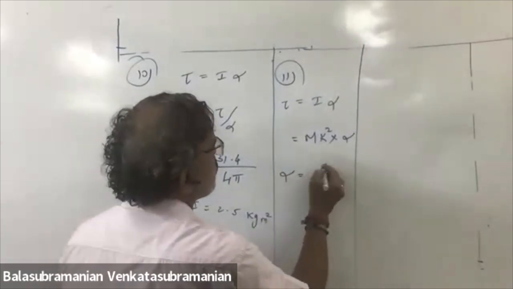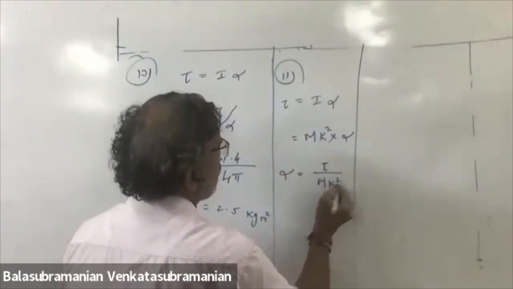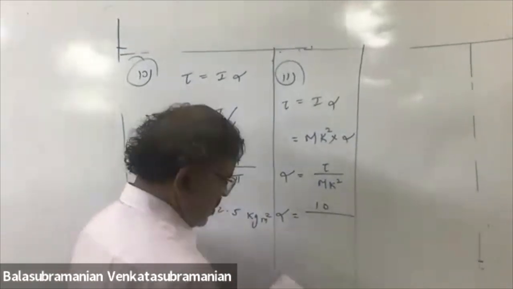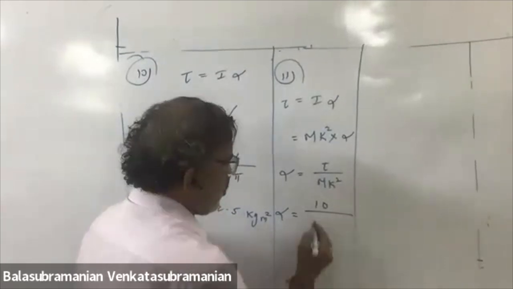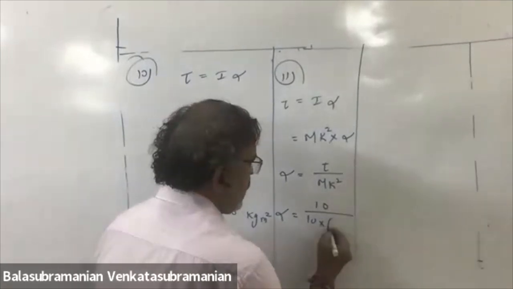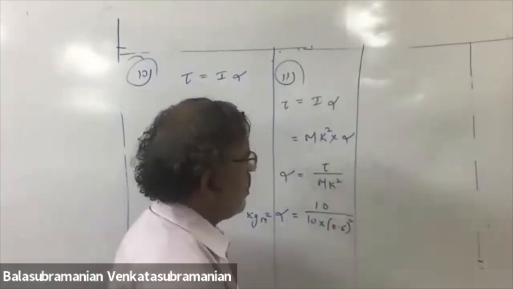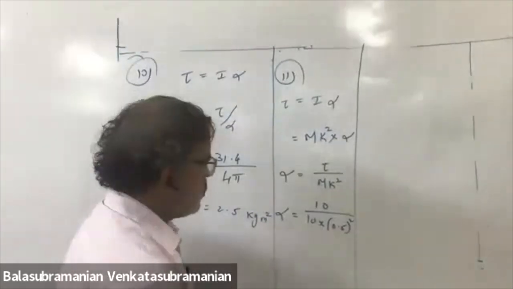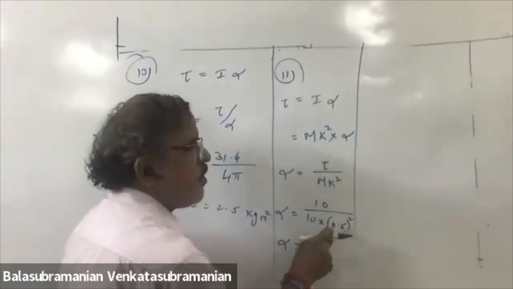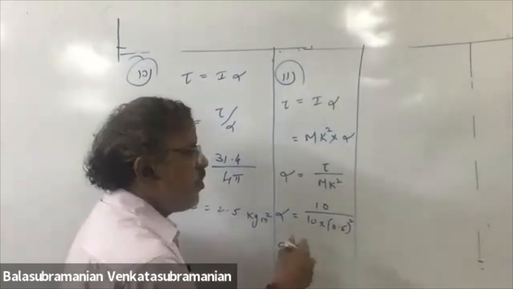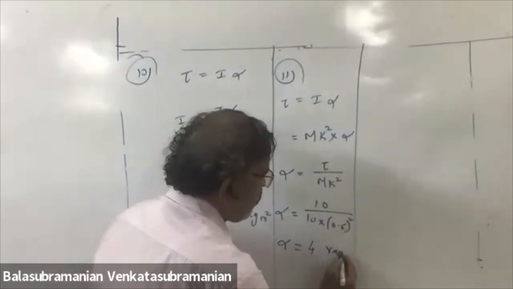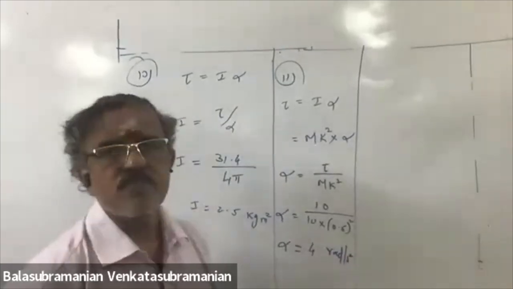So alpha is torque by m k square. Torque is 10. Mass is 10 kilogram. Radius of gyration is 50 centimeter, that is 0.5 meter. Calculate k square: 10, 10 cancels. This is 0.25. 0.25 is 1 by 4, so 4 will go to the numerator. Answer is 4 radian per second square.